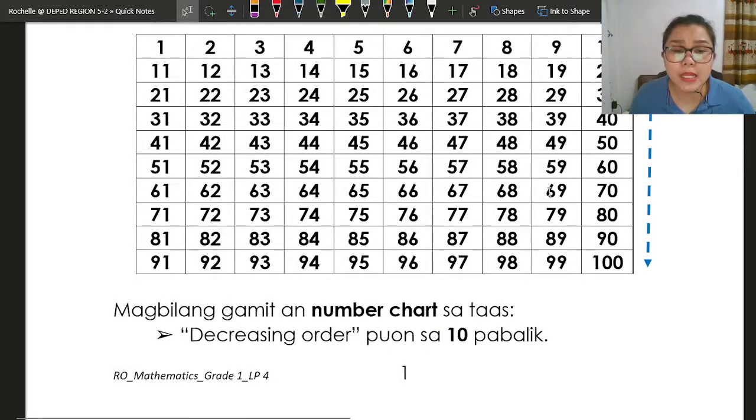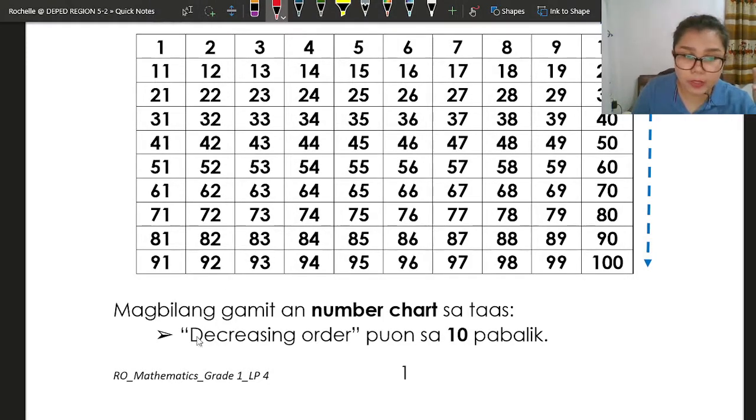Okay, count using the number chart above. It means we have to count using the number chart. First, decreasing order, starting from 10 going back. When we say decreasing, it starts from the higher number going down. So I'll write an arrow so that this will be your clue when we say decreasing, going down.